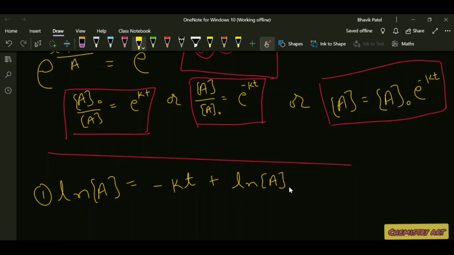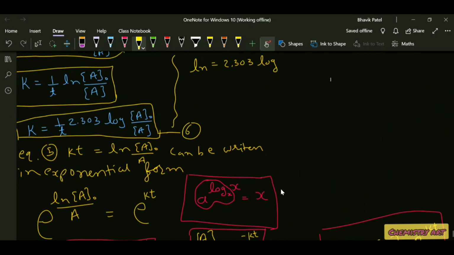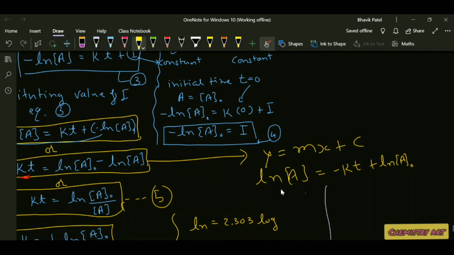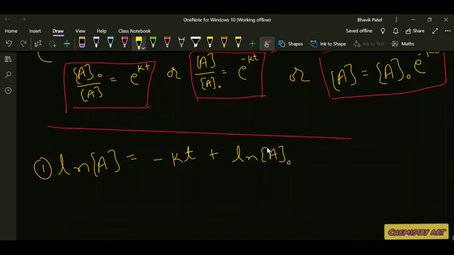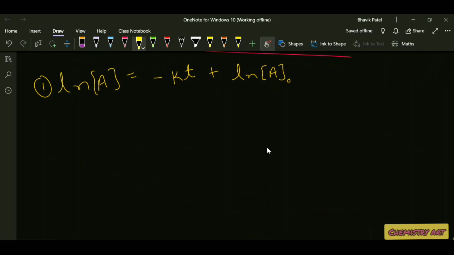From where did this equation come? See, in the derivation we have derived that kt is equal to ln A naught minus ln A, which can be written as ln A is equal to minus kt plus ln A naught, and we are comparing this with the straight line equation y is equal to mx plus c.